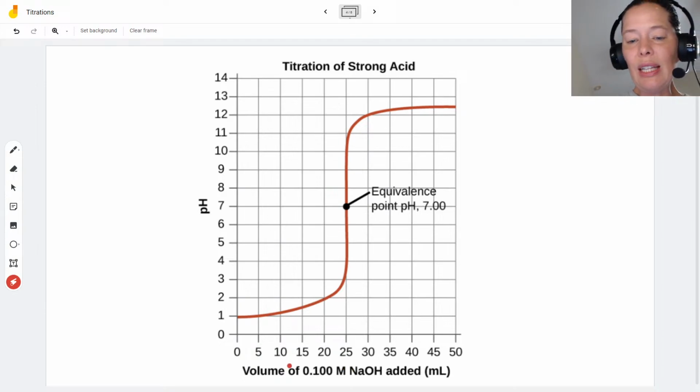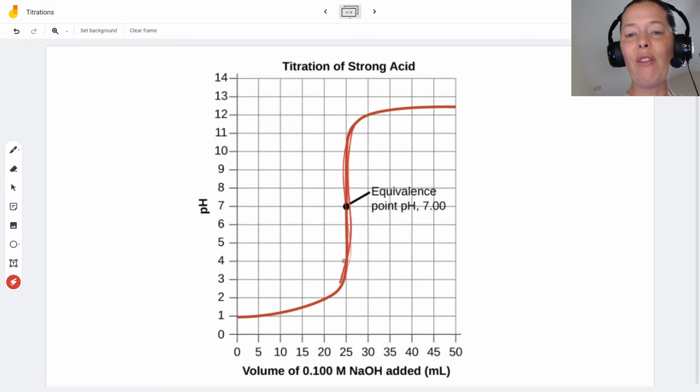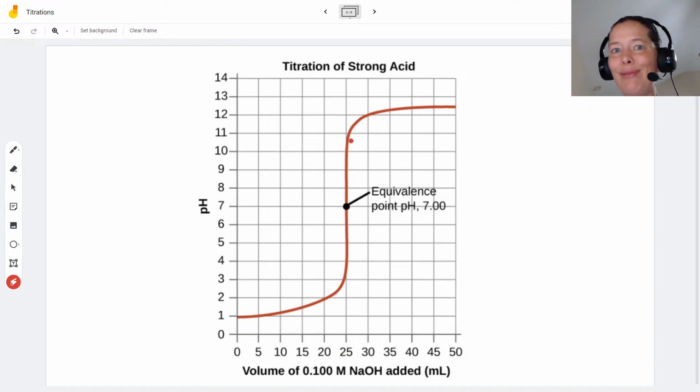Here we've got volume on the x-axis, and you can see at this point, because it's a point of inflection, your changes in volume are minuscule. So if you're very good at your titrations and at splitting your drops, then you might get a couple of points along the titration curve in this area, but usually you don't because the pH just changes too fast. Okay, so that is the titration curve for a strong acid and a strong base.